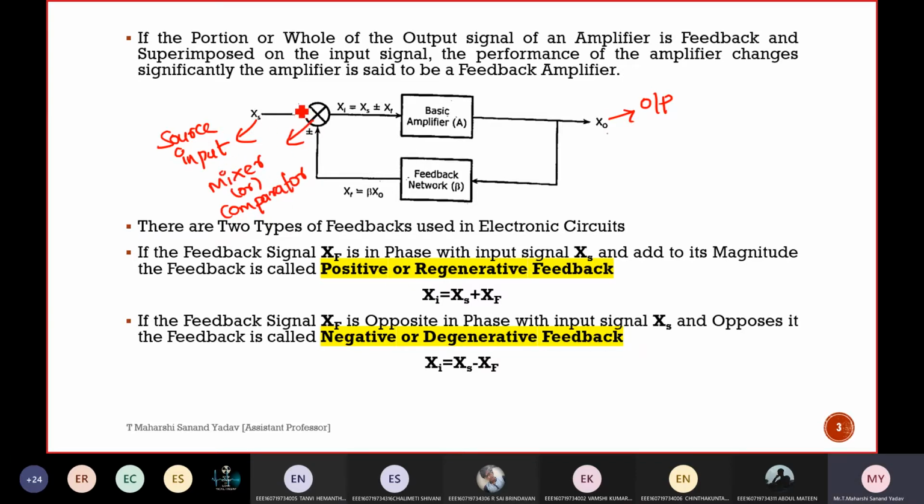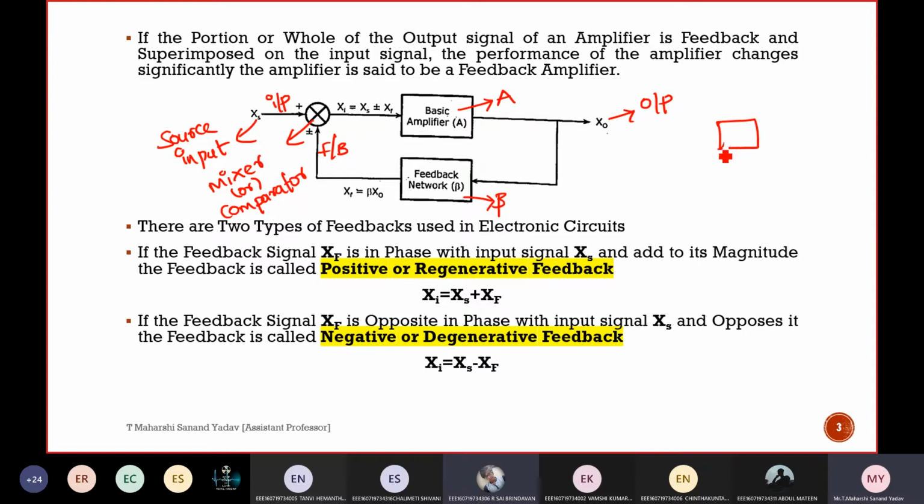By seeing the diagram, try to guess what it is doing exactly. It is adding the feedback network to the input, sir. This is feedback, and this is input coming from the source. Either it may add or it may subtract. That's why it is called a mixer or comparator. The feedback network is denoted with beta, and this is the normal gain denoted with A.